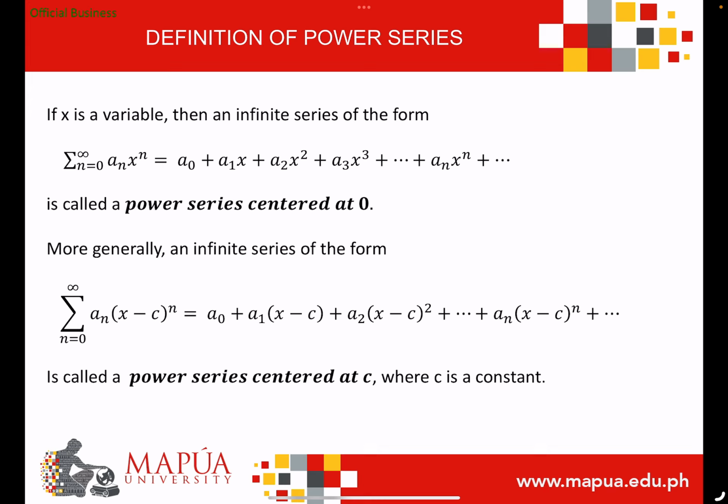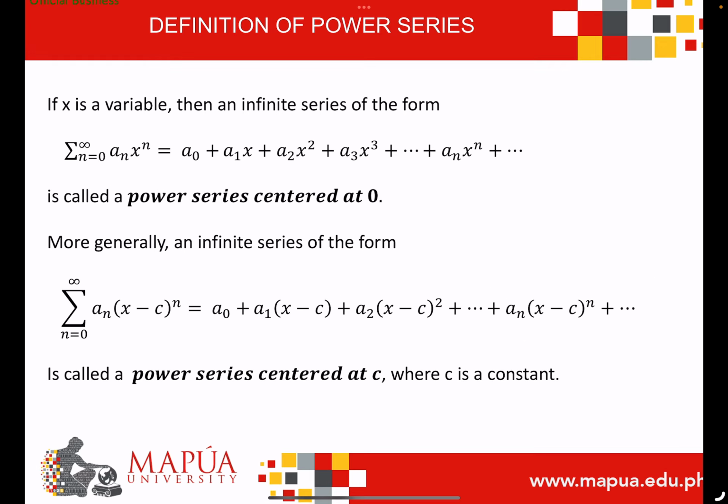The definition of a power series. If x is a variable, then an infinite series of the form summation of a sub n x raised to n for n equal to 0 to infinity, equal to a sub 0 plus a sub 1 x plus a sub 2 x squared plus a sub 3 x cubed until a sub n x raised to n as n approaches infinity, is called the power series centered at 0.